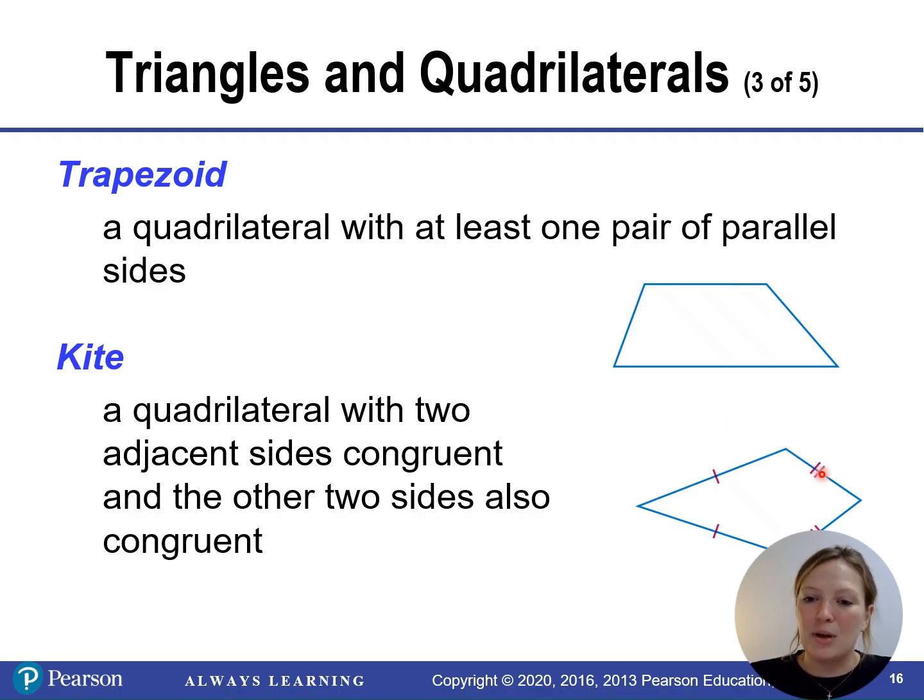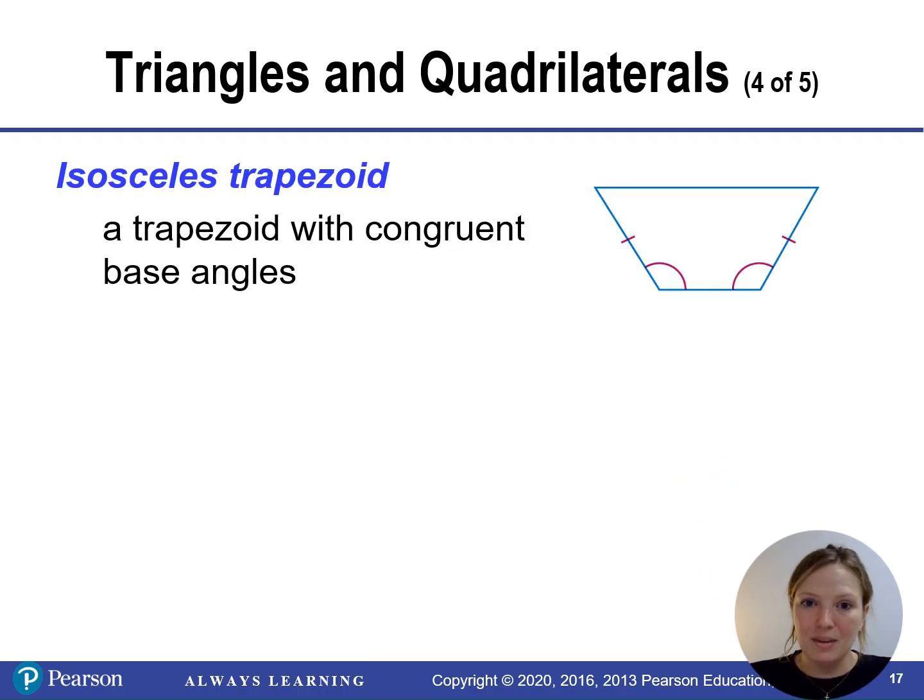So we have 2 congruent adjacent sides here and 2 congruent adjacent sides here, so that is a kite. We can also have an isosceles trapezoid. This is a special type of trapezoid where the base angles are congruent. So we end up with 2 adjacent angles being congruent, as well as 1 pair of opposite sides being congruent.